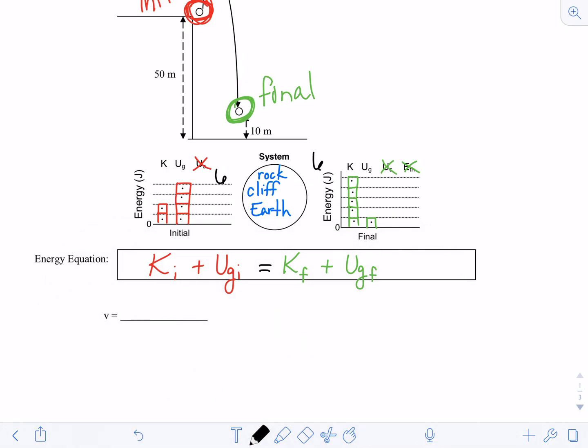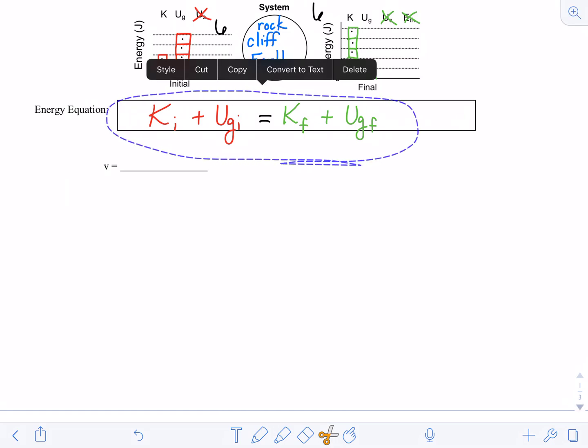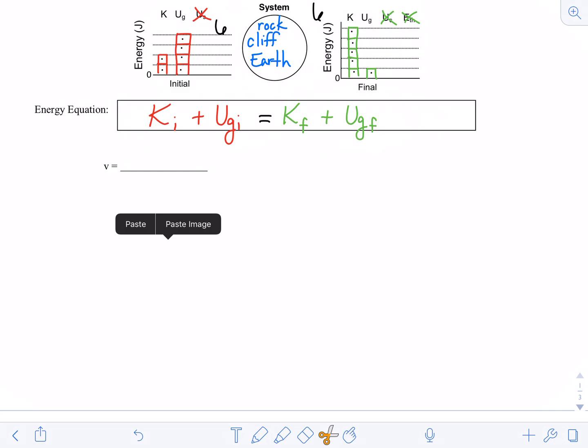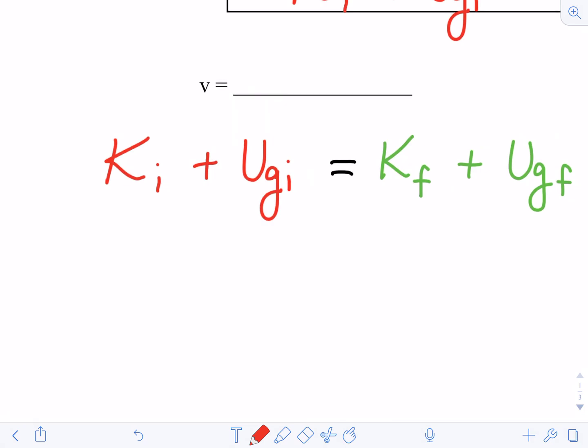And this energy equation is going to help me make this prediction, because the problem wants me to say how fast this thing is going to be moving when it gets 10 meters above the ground. So let's start filling some stuff in. The first thing we're going to do is fill in the equations for each of these kinds of energies.